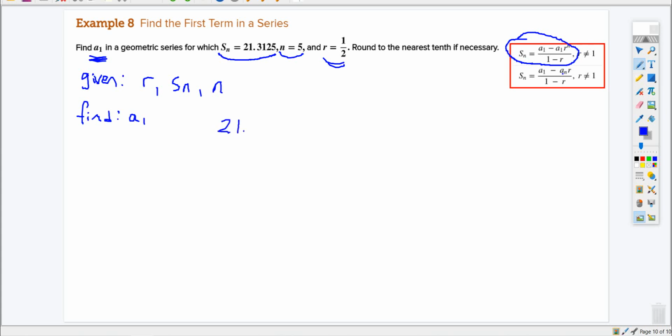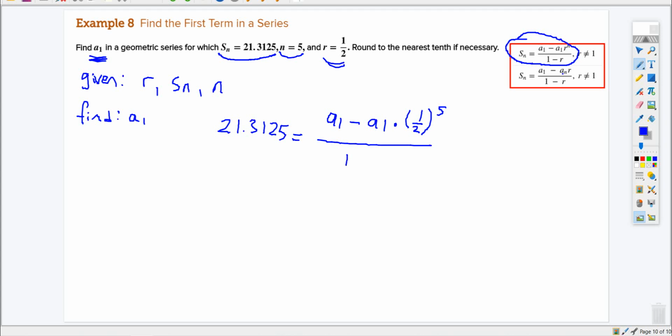Sn, 21.3125, is equal to A1, we don't know that, A1 minus, let me write that again, A1 minus again A1 because of the formula, times r. r is given, as you can see it is 1 over 2, so 1 over 2 to the power n. n was also given, that's a 5.